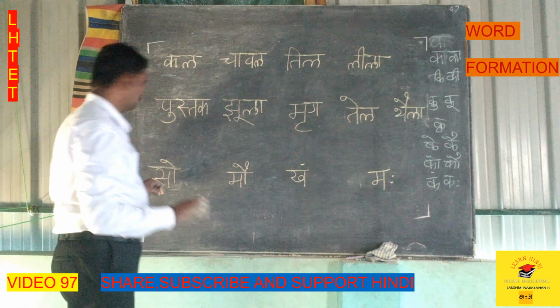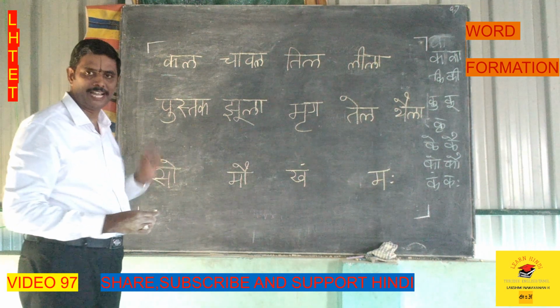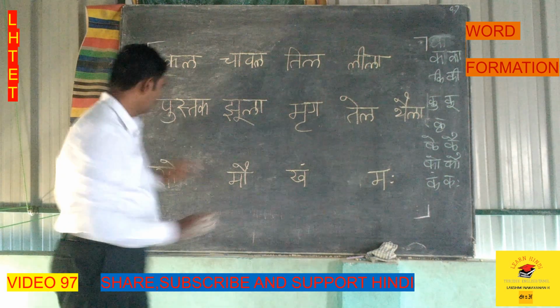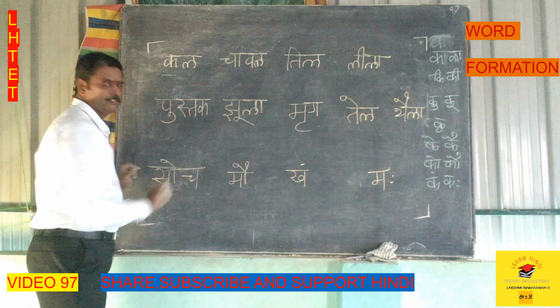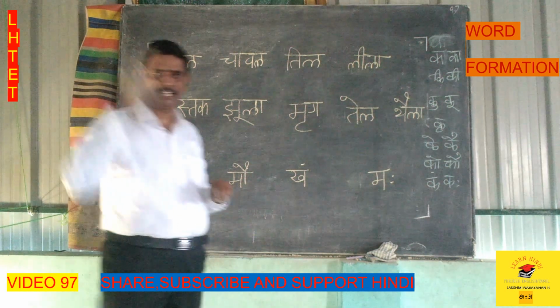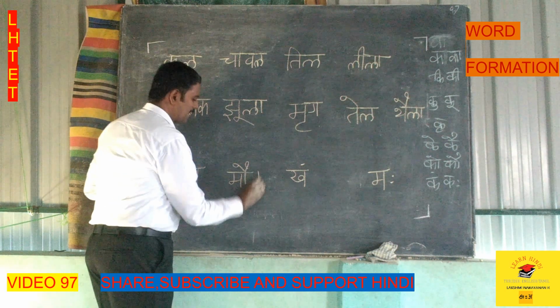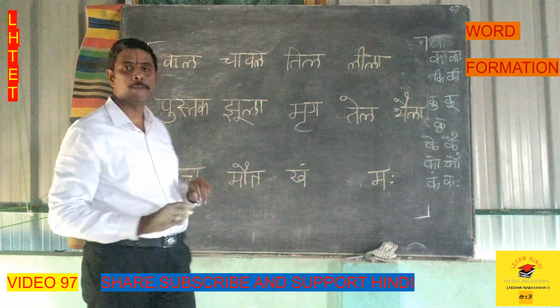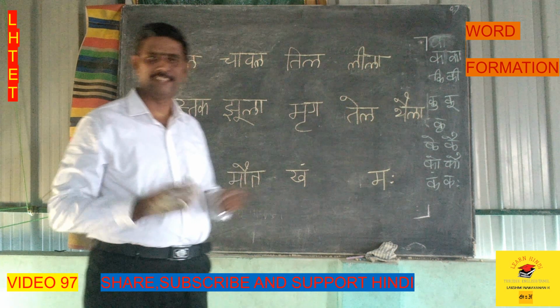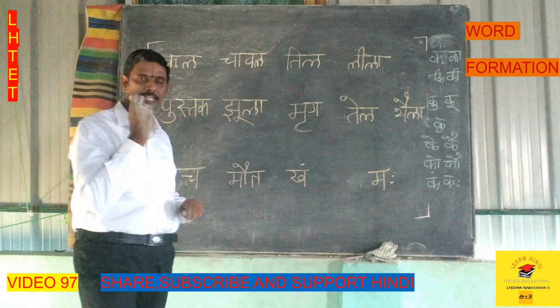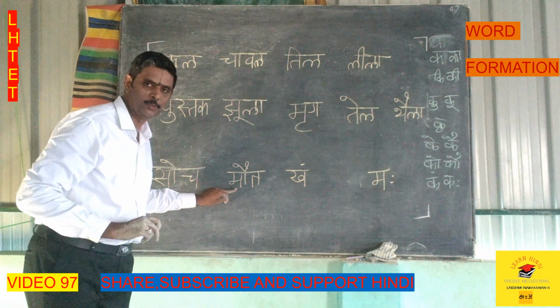Right? Next is so, the o sound. I am going to add cha, and it becomes soch. Soch means think. Okay. Mau, the au sound. I have added ta, and it becomes maut. Maut means death, not the English mouth. This is the Hindi maut. Okay.